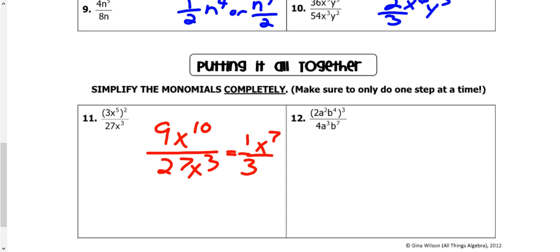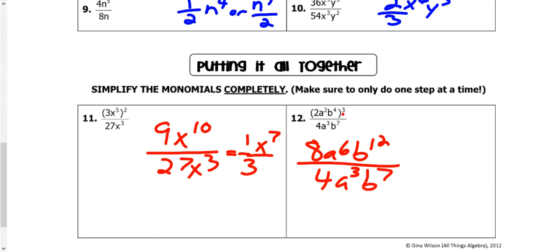For number 12, we're going to distribute this third power. So 2 to the 3rd power gives us 8. And then a to the 6th and b to the 12th, all divided by 4a to the 3rd, b to the 7th. Now we can properly subtract or divide these out, subtracting the exponents.